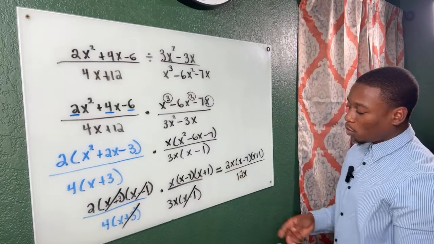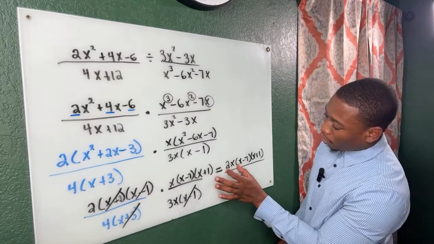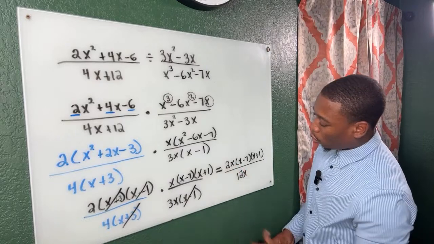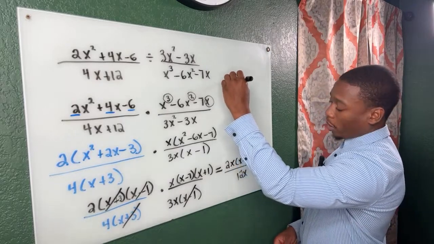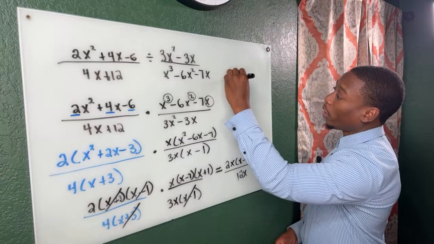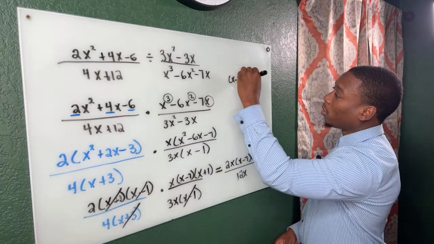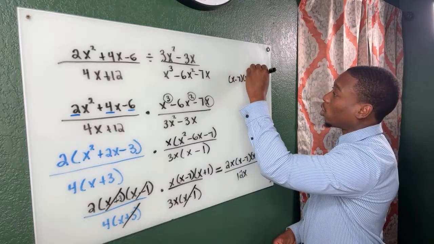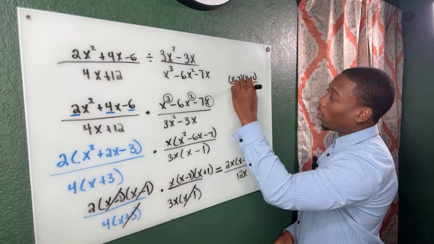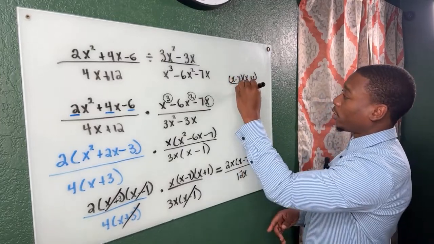And now at this step, what we could do is simplify 2x and 12x. So we're going to have, let's see, divide by 2, we're going to have x minus 7 times x plus 1, and this is going to be all over 6.